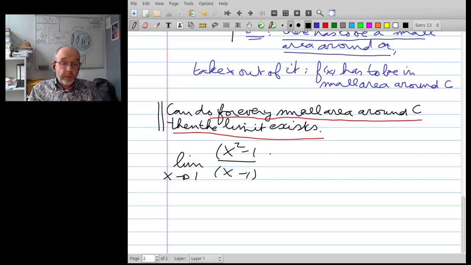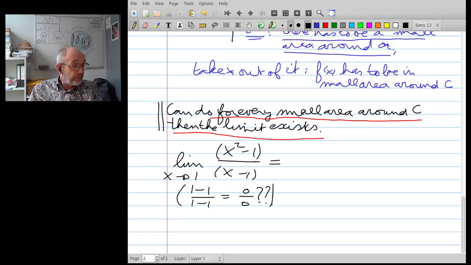You see here that we are busy with rational functions. If you fill in a 1, you get 1 minus 1 divided by 1 minus 1, that is 0 divided by 0, and I don't know what to do with it. So you have to go further on.